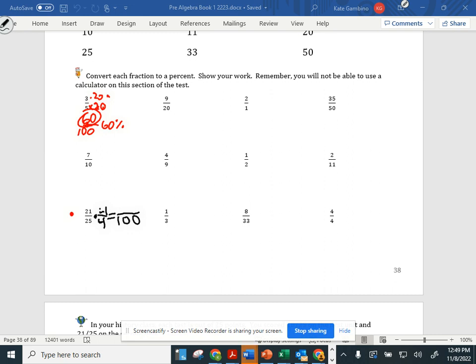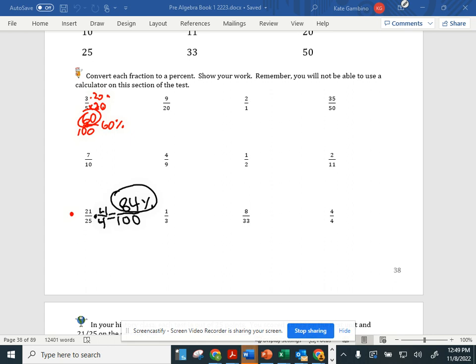We multiply 25 times 4 to get to the magic 100. Whatever we do to our denominator, we do to our numerator. So if our numerator becomes 84, because 21 times 4 is 84, it's 84%.